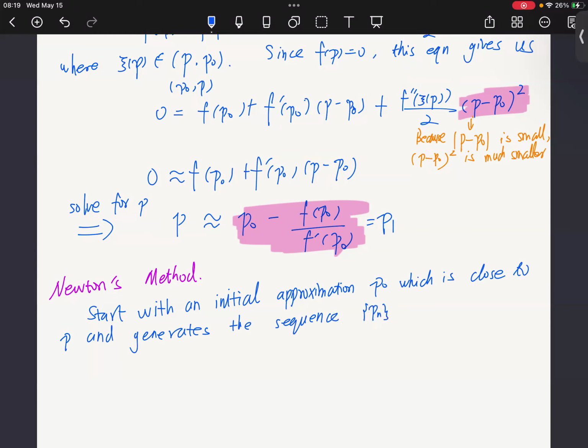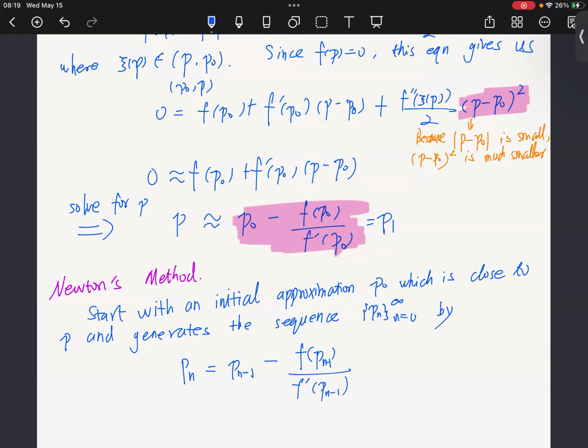And you could say this is something similar to the fixed point method, but here we are using another rule or function to generate the next number. This is Pn, and it equals Pn minus 1, minus the f function evaluated at the n minus 1 point, divided by the derivative.